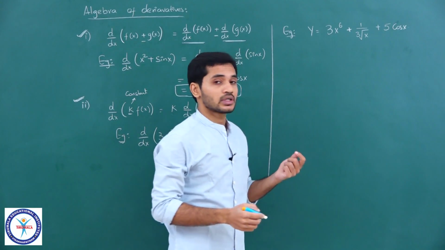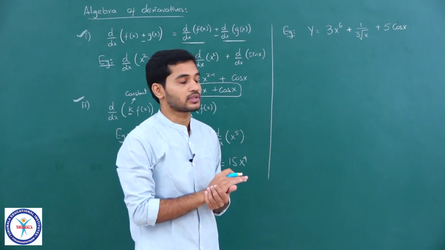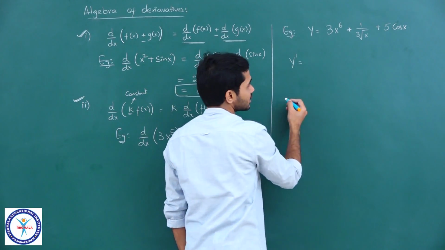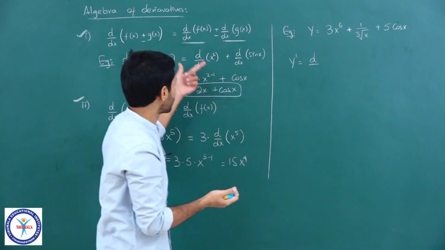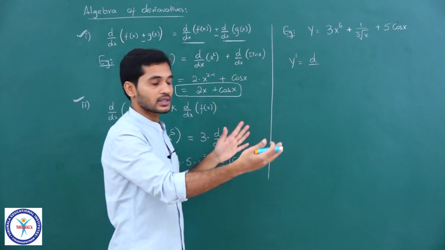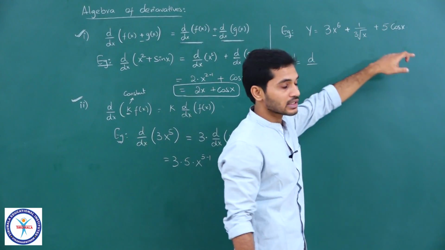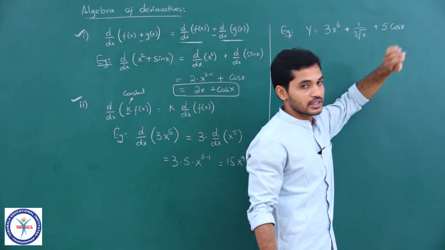We need to find the derivative of that function. As I told you, write step by step initially. Once you get enough practice, you can directly write the expression. So, we are finding y dash. So, y dash is equal to, let me first write it down. First, I will apply this rule, which is I can separate the derivative of this whole thing, d by dx of this whole thing can be written as d by dx of this plus d by dx of this plus d by dx of this, correct.